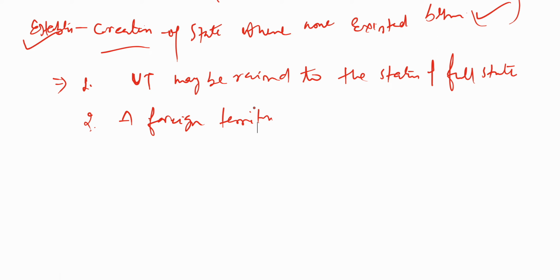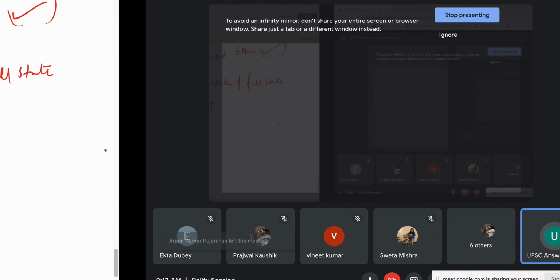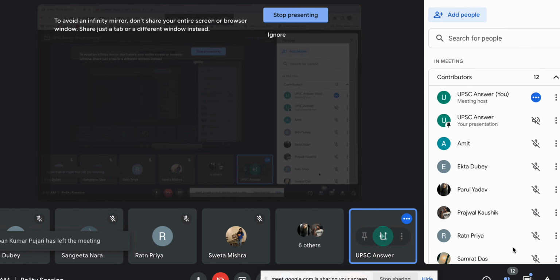Then in this case, this territory that is acquired by India may be made a state. It can be made a state or UT. Okay, so again here, if it is made a state, it was not earlier a state and we are establishing it. So this is the meaning of establishment. Hopefully you are understanding the point.